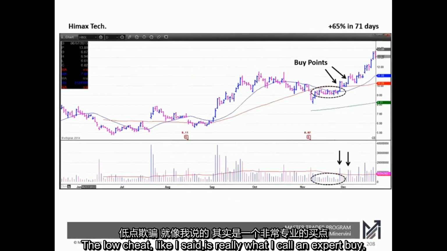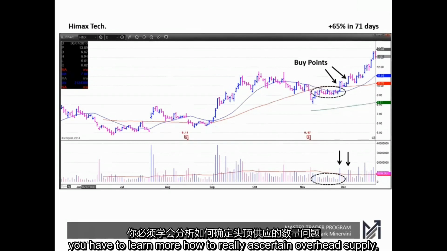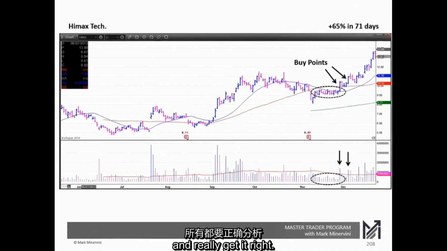The low cheat, like I said, is really what I call an expert buy. As you start going down the base and getting closer to the lows, you have to learn more how to really ascertain overhead supply, moving average trend, or the angle or the momentum behind the trend, and really get it right.